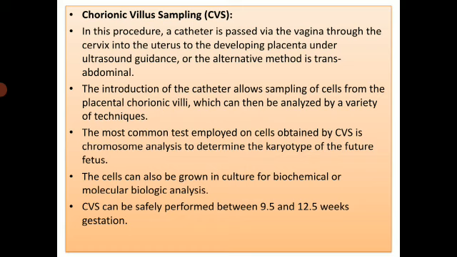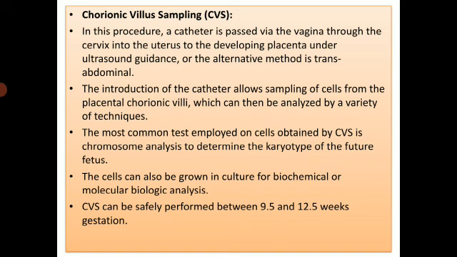Okay. Chorion is another membrane, an extraembryonic membrane, and this chorionic villus sampling, that is CVS, is another method.